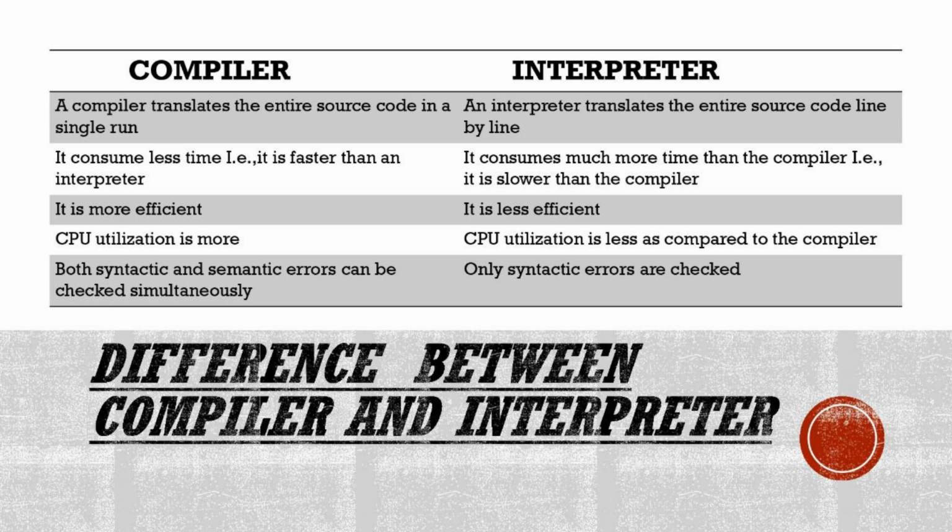Okay, now I'm going to talk about the difference between compiler and interpreter. A compiler translates the entire source code in a single run. An interpreter translates the entire source code line by line. A compiler consumes less time, which means it is faster than an interpreter.